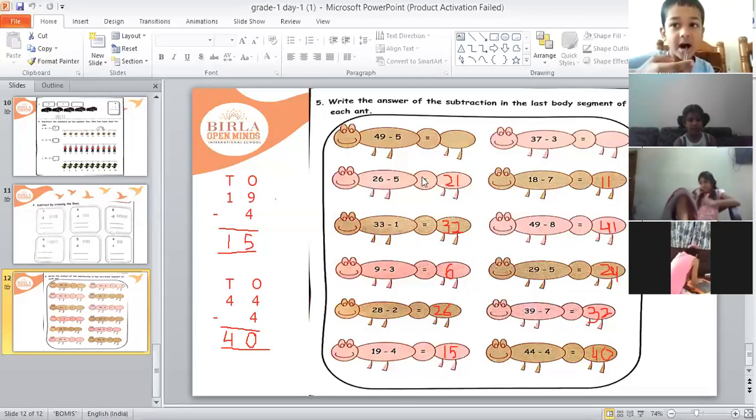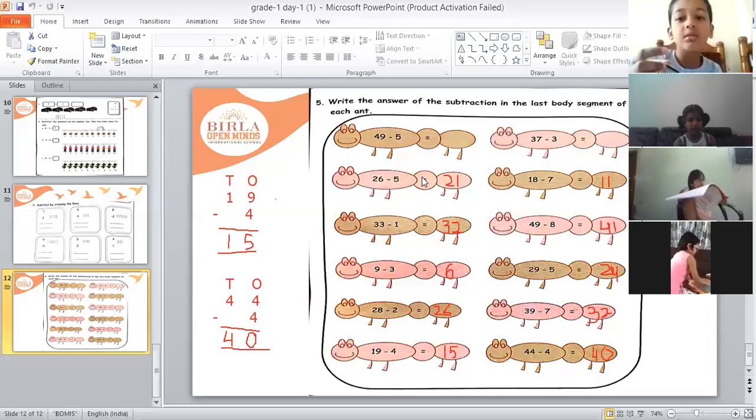Okay. So this is how you can subtract a 1-digit number from a 2-digit number. Right?